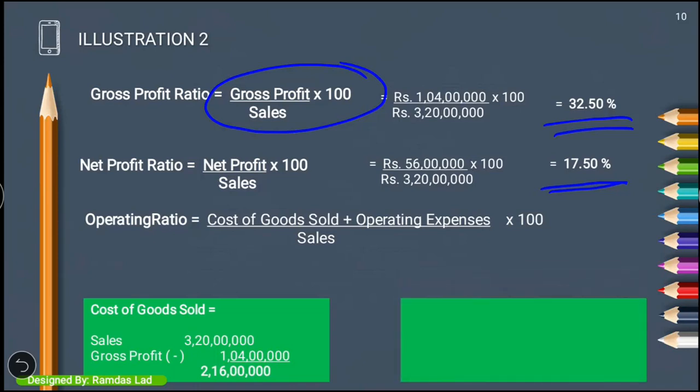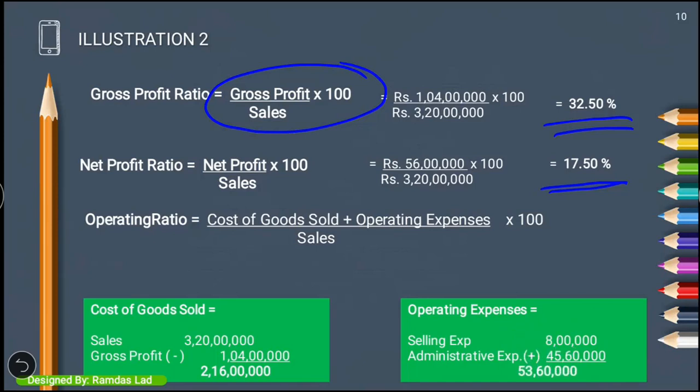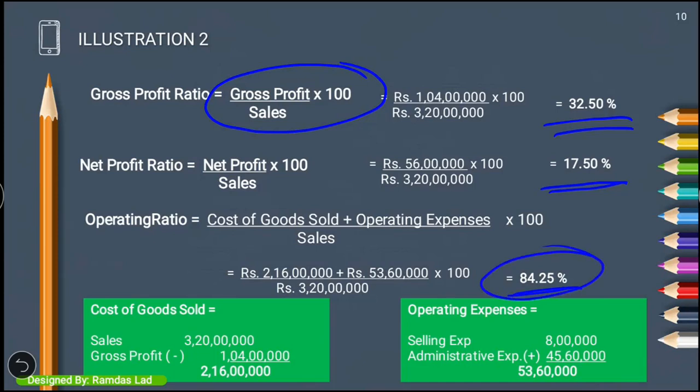Operating expenses, which include selling expenses and administrative expenses, total 53 lakh 60,000. Put this value in the formula: 2 crore 16 lakh plus 53 lakh 60,000 divided by 3 crore 20 lakh into 100. So we will get the percentage 84.25. Are you getting?